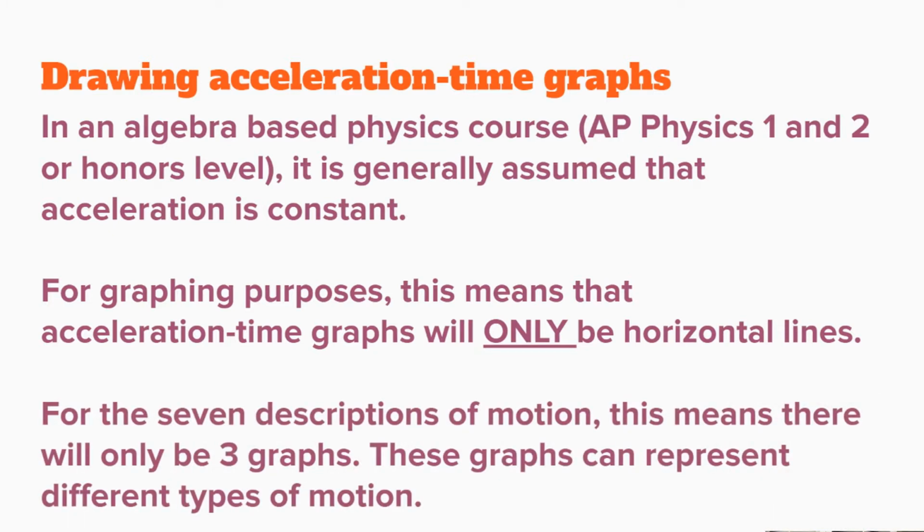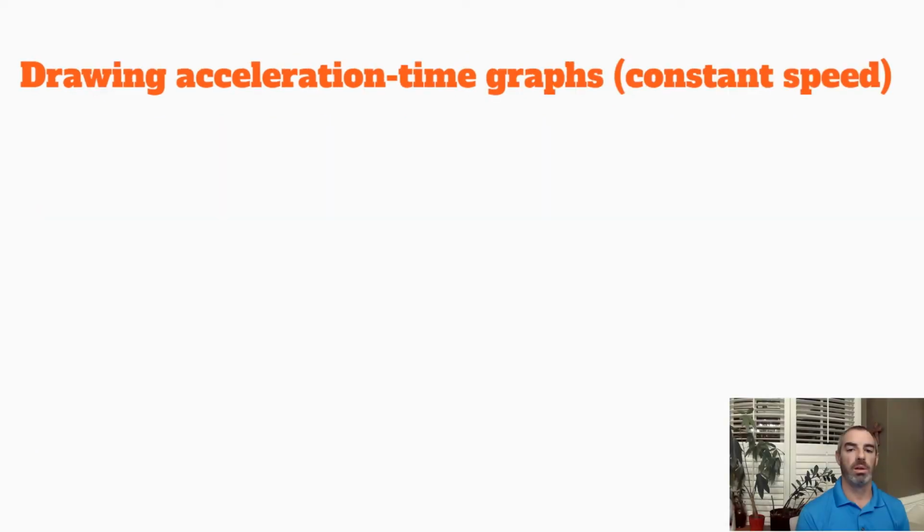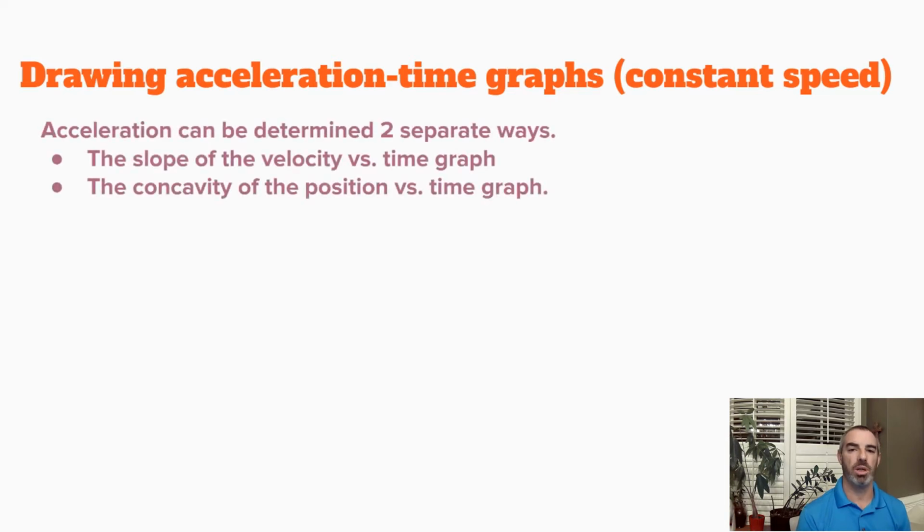So for the 7 descriptions of motion, there are only going to be 3 graphs, and these graphs can represent multiple types of the 7 types of motion we've discussed. So let's first talk about how we can determine acceleration.